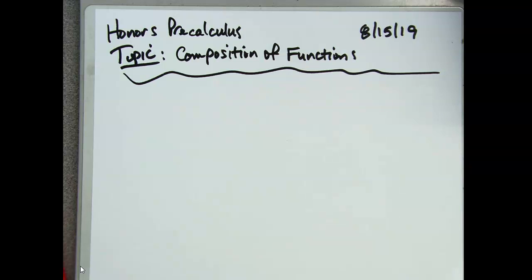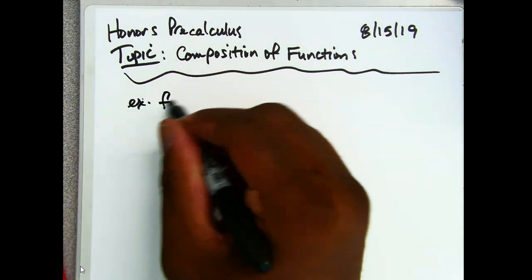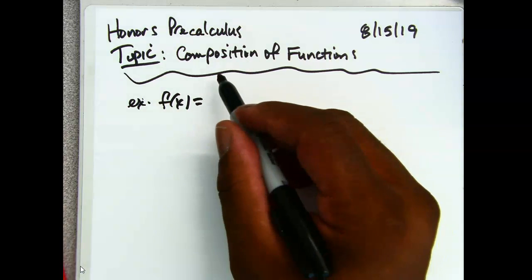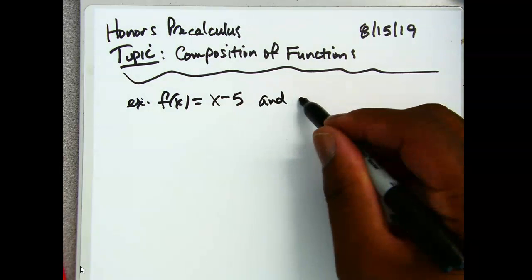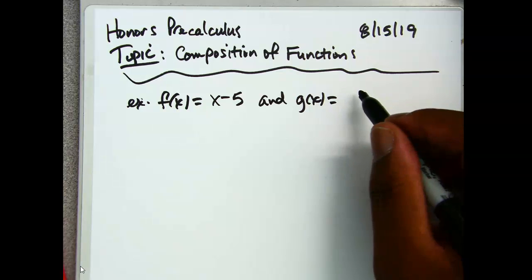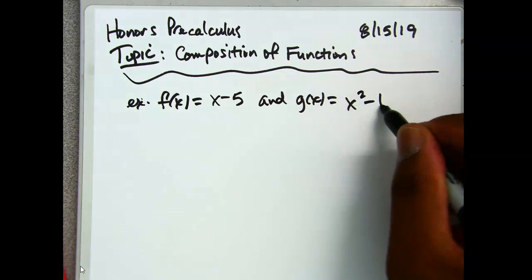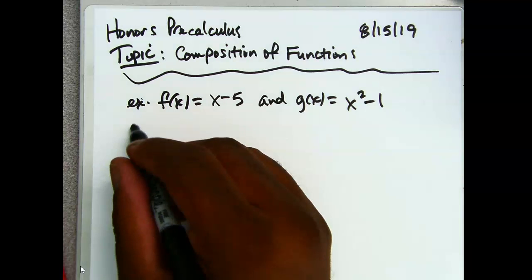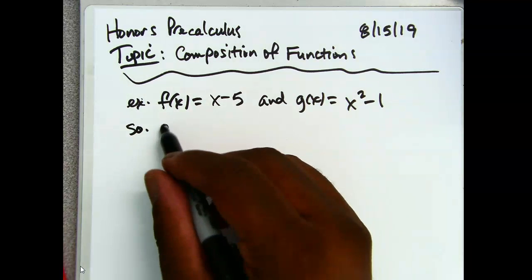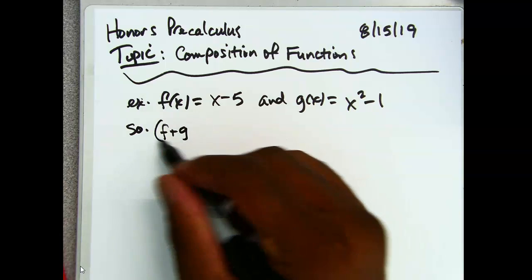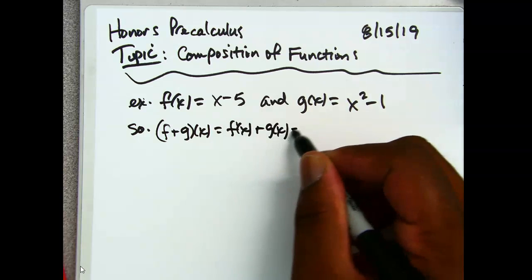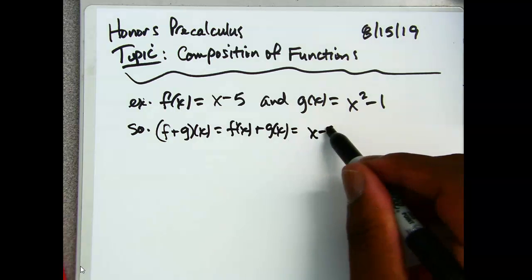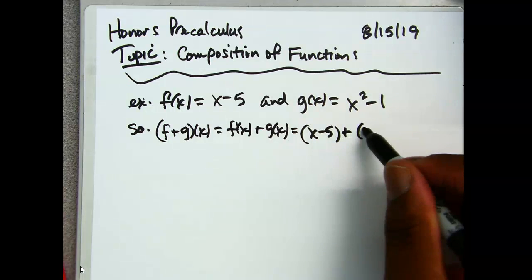Let's say we have f of x is equal to x minus 5, and g of x is equal to x squared minus 1. f plus g of x is f of x plus g of x, and that gives us x minus 5 plus x squared minus 1.